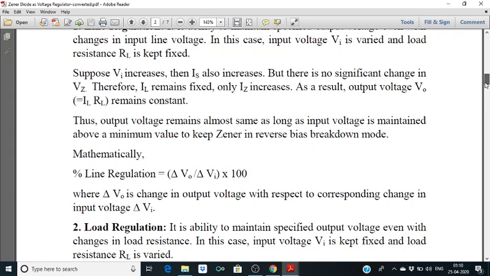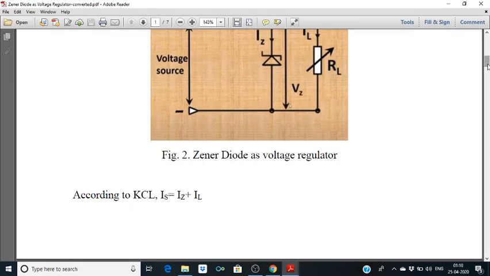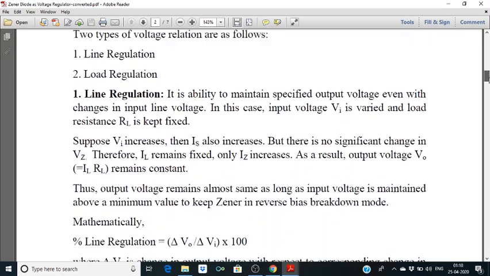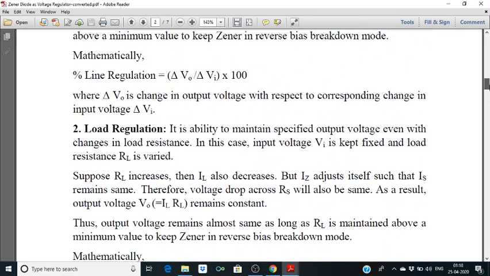Now coming to load regulation. Load regulation means RL is varying and other parameters are kept fixed. Vi is constant and other parameters are constant, but RL is varying, that is, load is varying. Then also Vout should be constant, then only it will work as a voltage regulator. How will it do that?